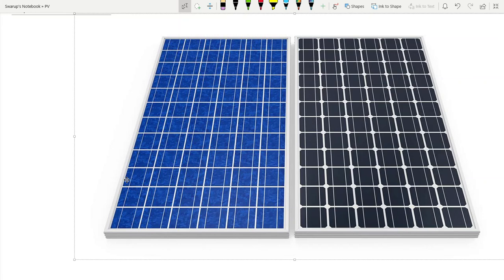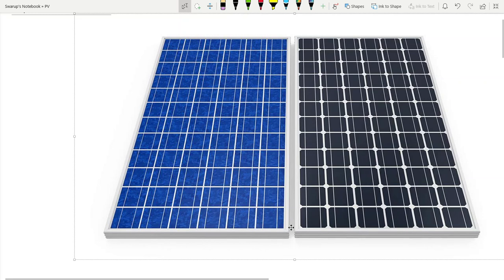So the refractive index will change at the boundary, and there will be scattering from this kind of polycrystalline material. That's why it is a little bluish, and this panel is polycrystalline.